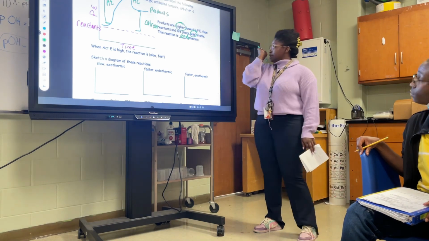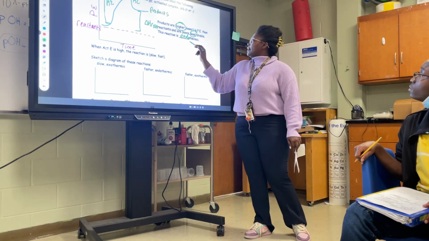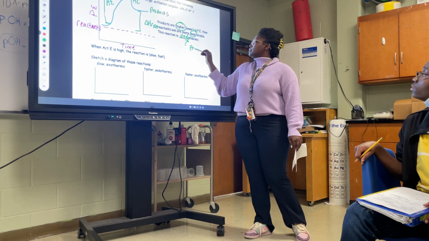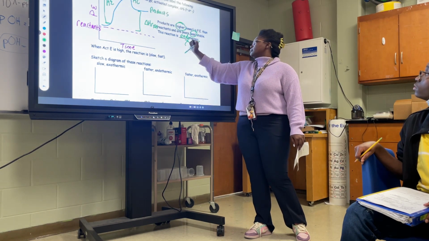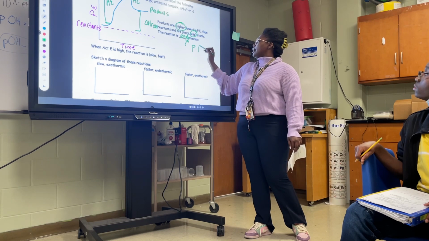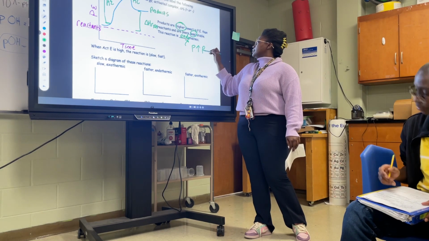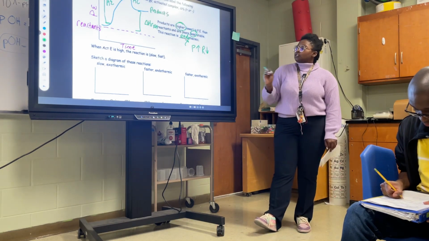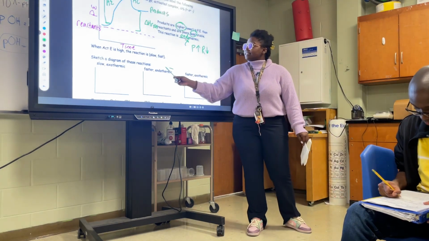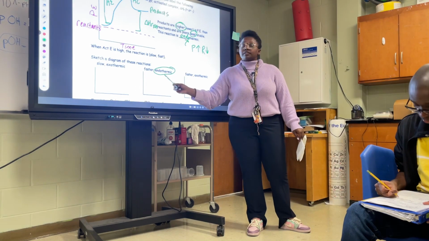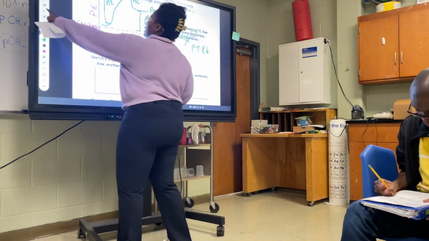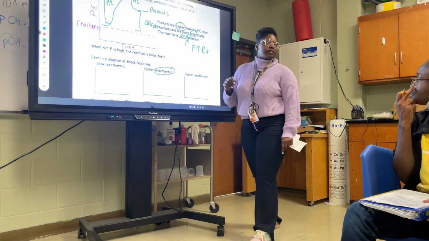Okay, so peep this. If you have an endothermic reaction, your products are higher than your reactants. So in this diagram down here, everybody see this? The three at the bottom? Can I move this up or are you guys still writing?